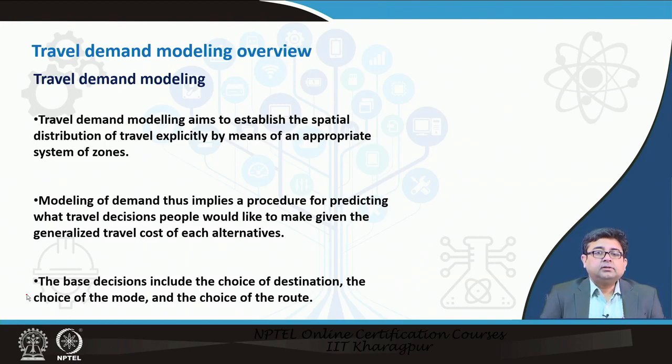So, transportation demand modeling aims to establish the spatial distribution of travel explicitly by means of an appropriate system of zones. We will look at it in the next slide in a step by step manner, but what we are essentially saying is that your city could be vast. So, to exactly know where people are traveling to and from may be very difficult, but on an overall level, you can say that people usually in the morning travel from where they live to where they work.